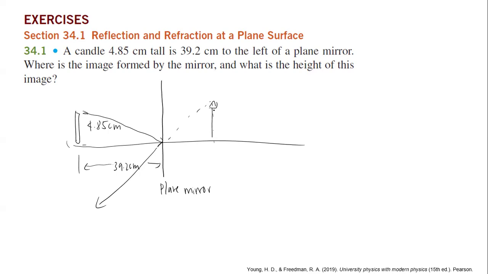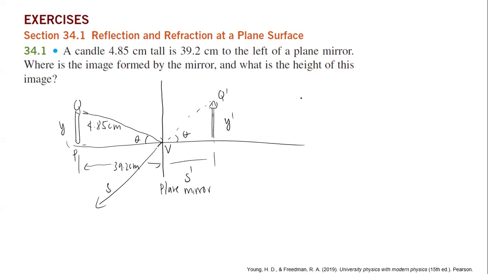This is the image Q prime, and this is, for example, Q. This is P, and this is V. They have the same angle theta. This is y prime, this is y, this is s, and this object here is s prime.